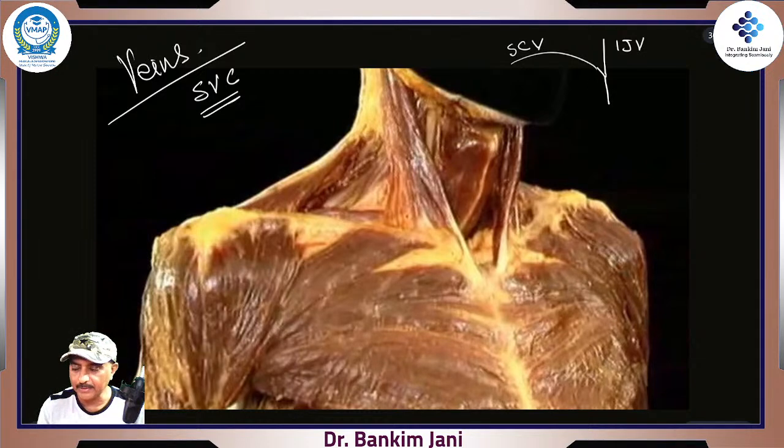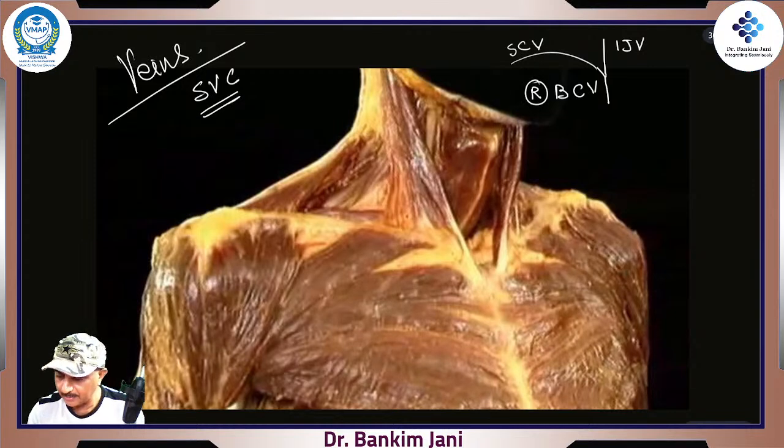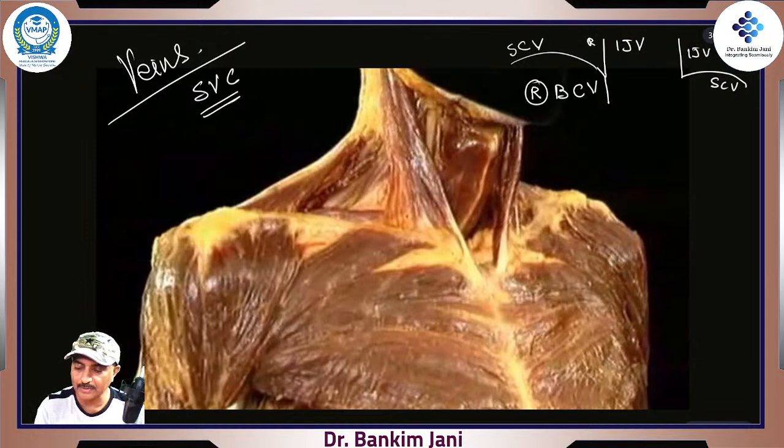The subclavian vein and internal jugular vein lead to the formation of the brachiocephalic vein. This is the brachiocephalic vein on the right side. Similarly, on the left side there would be an internal jugular vein and a subclavian vein, which also lead to formation of the left brachiocephalic vein.